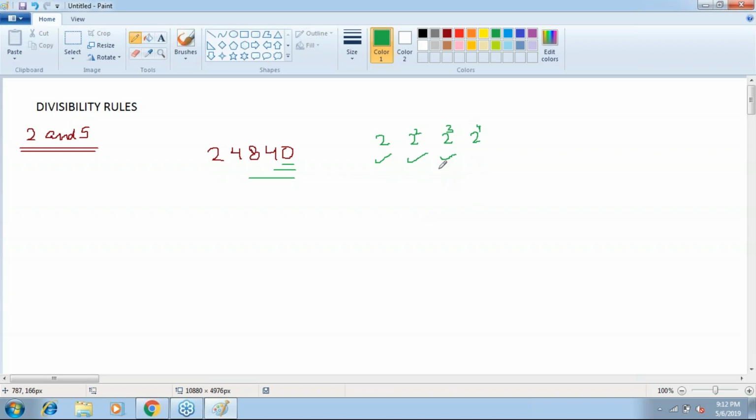You only have to divide the number. Last 4 digits make 4840. You know 48 is divisible by 16, but 40 is not. So the number is not divisible by 16, and hence there is no point testing further. So our number is divisible up to 2 to the power 3.